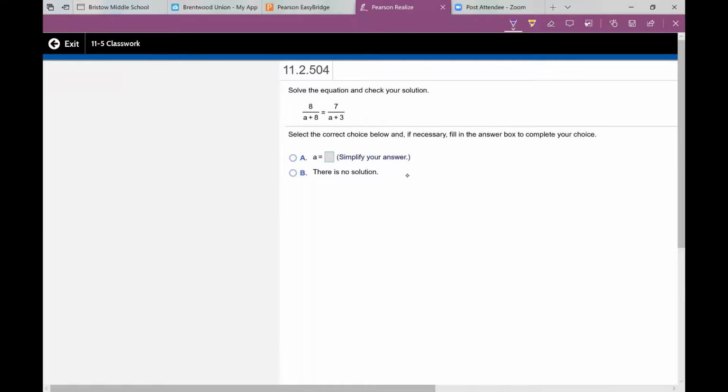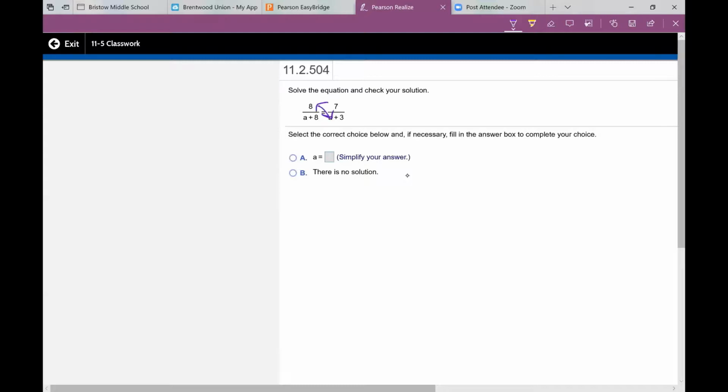Number 3 looks simpler because you just have a fraction equal to another fraction. You could use common denominators like we did on the previous problem. I feel like it's way easier just to use, since you have a fraction equal to a fraction, or a proportion, just use the cross multiplication that I showed you in the other example.